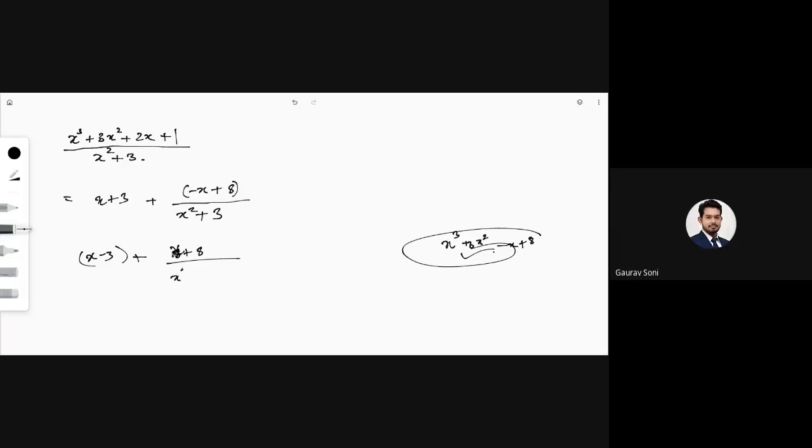x square plus 3. So that will be x cube minus 3x square plus 3x minus 9 plus x plus 8. That is becoming 4x minus 1.